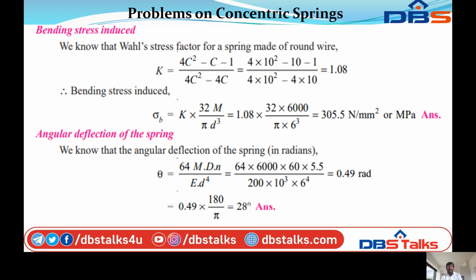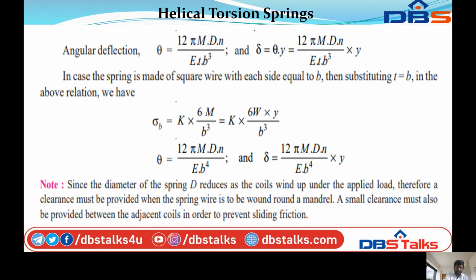So next calculate the angular deflection of the spring. We know that the angular deflection of the spring in radians, theta, is equal to 64 into M into capital D into N by E into d power 4. This formula is already seen in the earlier derivation.